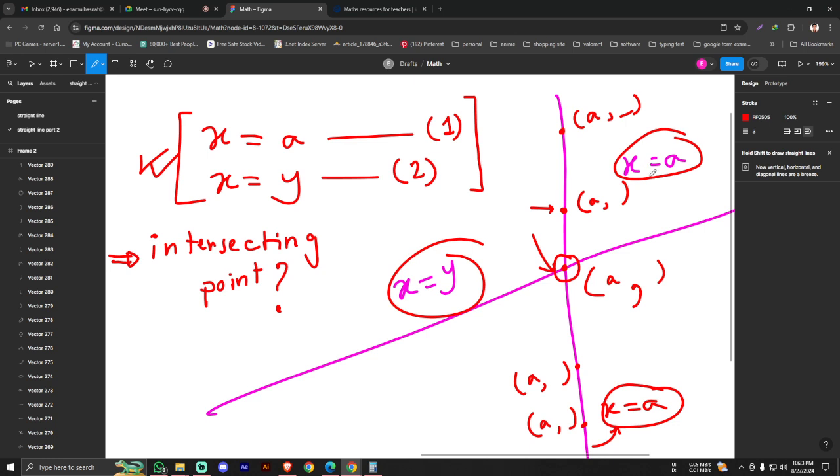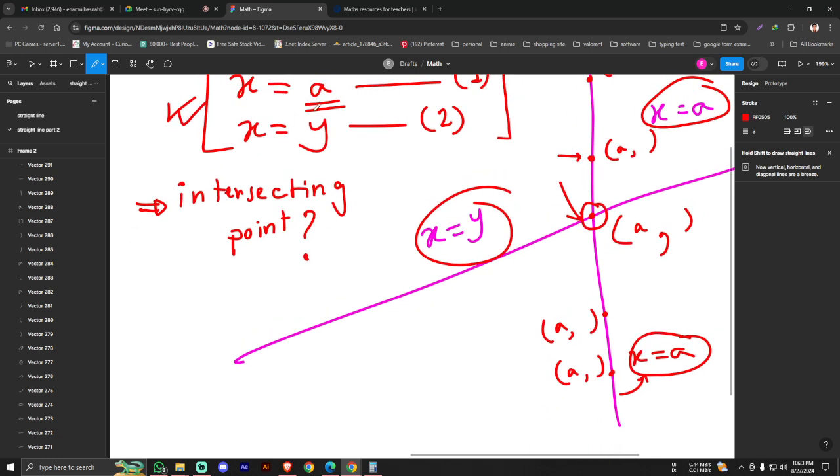That means since we know from the first equation that x is equal to a, we can replace this value of x in the second equation. If we replace x equal to a in the second equation, we find that y is equal to x.